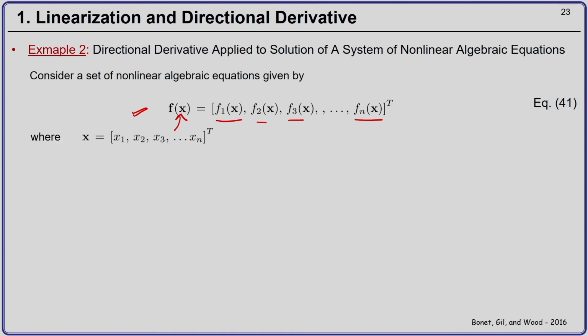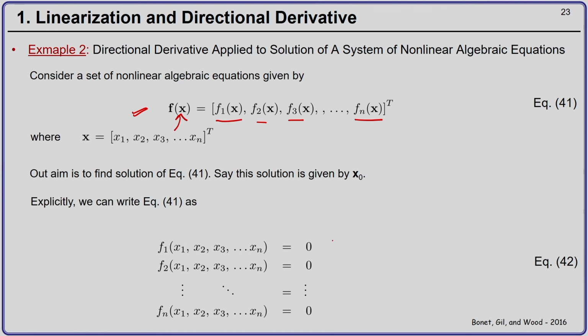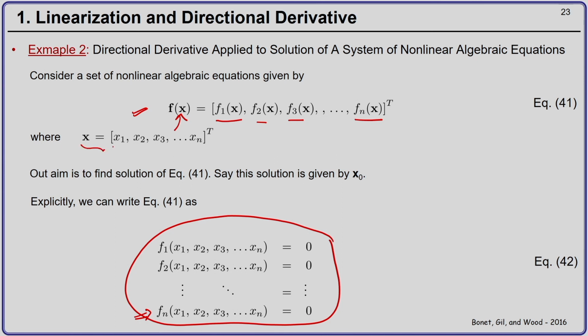So, explicitly, equation 41 can be written as n such equations. f1, which is a function of x1 all the way up to xn, equal to 0, f2, a function of x1 to xn, equal to 0, like this. The last equation is fn, which is a function of x1, x2 all the way up to xn, equal to 0, where the vector x is expressed as x1, x2, x3 all the way up to xn.